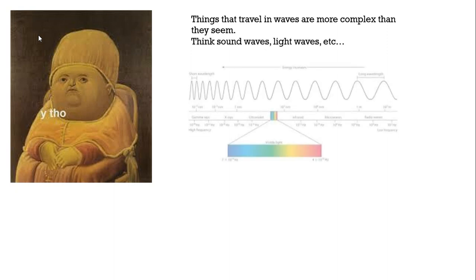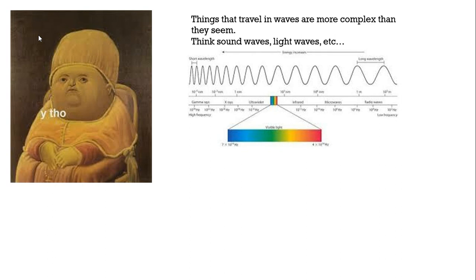So, sound waves and light waves, right? Here is a pictorial of a really, really fuzzy, I apologize, picture of light waves. Okay, so down here you'll see here's our scale. Here's short wavelengths. They have a higher frequency. Here's longer wavelengths with a smaller frequency. They're taking a lot longer to complete their cycle.